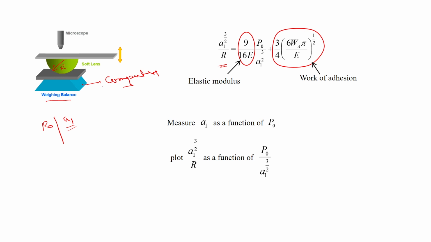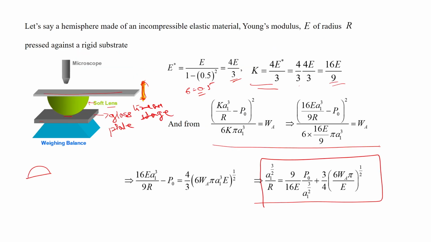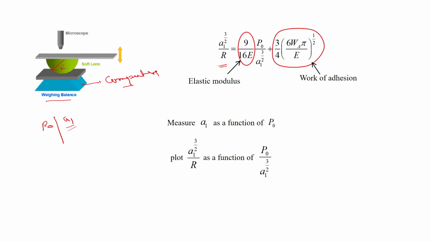Now remember that here we have taken one solid surface, where the radius is infinity, because for a solid flat surface the curvature is 0. Then you have a hemisphere here, which has a finite radius.